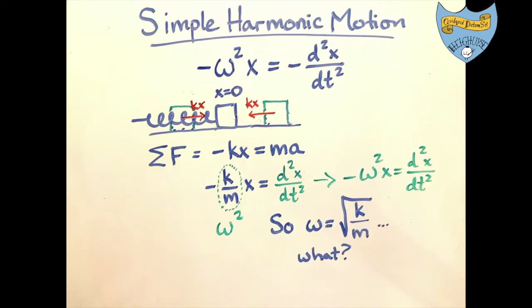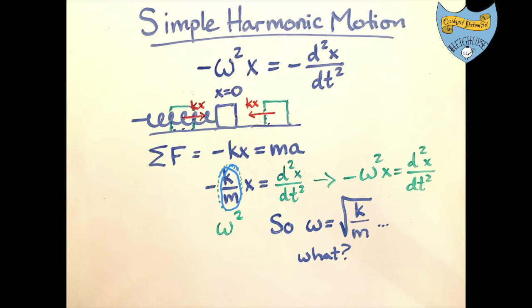Probably the hardest part for most people to wrap their heads around is exactly what omega is, or the weird step where we're like, yeah, and so k over m is omega squared. Like, okay, what does that even mean? Well, what it means is that you can use the spring constant and the mass to determine the frequency of an oscillation.